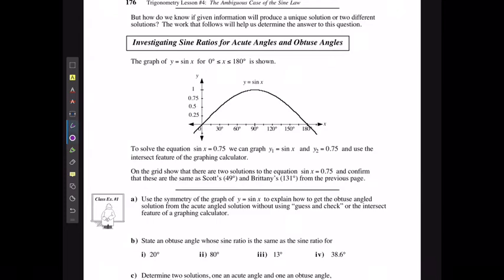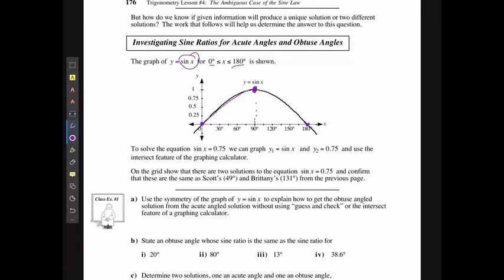The graph of y equals sine of x for 0 to 180 degrees is shown. We can see that it starts at 0, goes up to a maximum of 1, which is at 90 degrees, and then after 90, it comes down again until I get to 180 degrees.